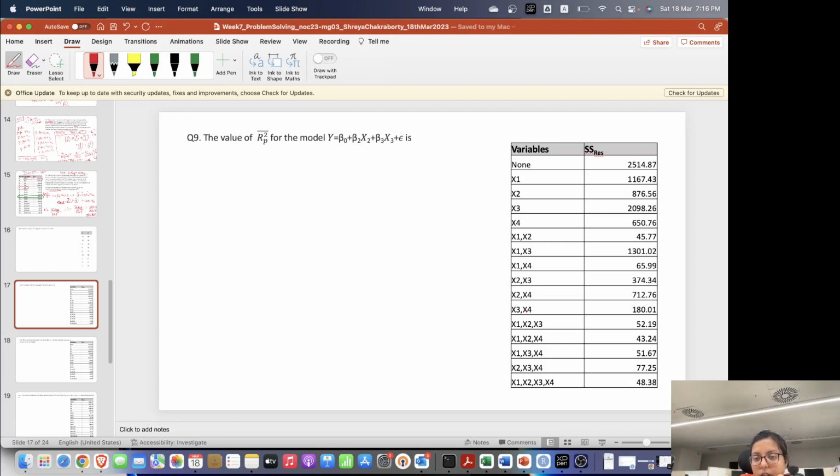The focus remains the same, x2 and x3. We have to find this one. This is nothing but adjusted r square. Just ignore this notation. This means adjusted r square. Now how will we calculate adjusted R square? What was the formula?